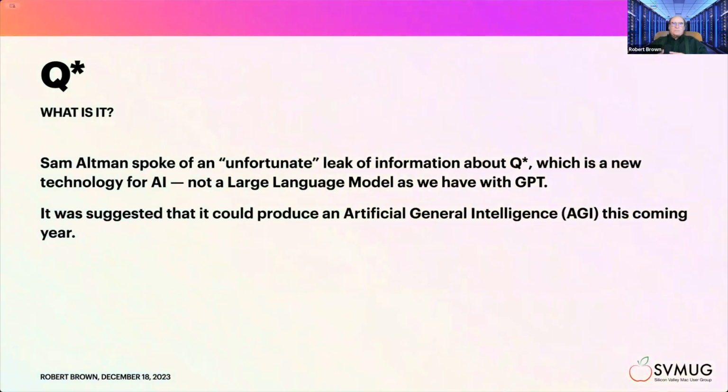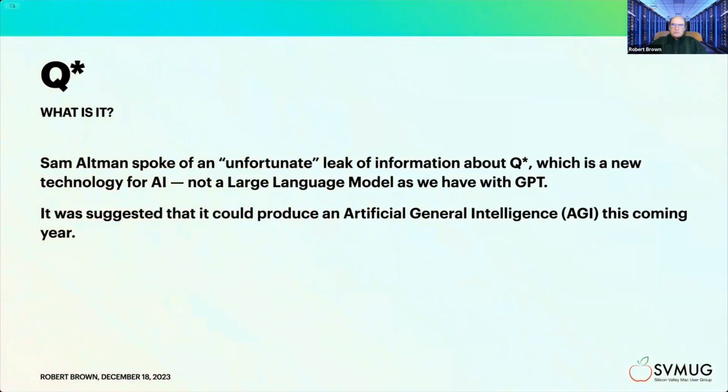Q star, and it is Q asterisk, but it's pronounced Q star. Well, this is claimed to have been an unfortunate leak of information about a whole new type of artificial intelligence system. I understand that Q-Star is supposed to be a collection of modules, including large language modules, but other modules, a new way to do this.